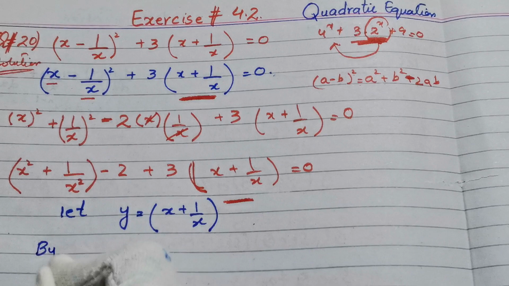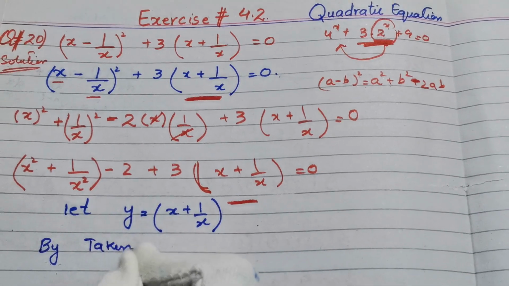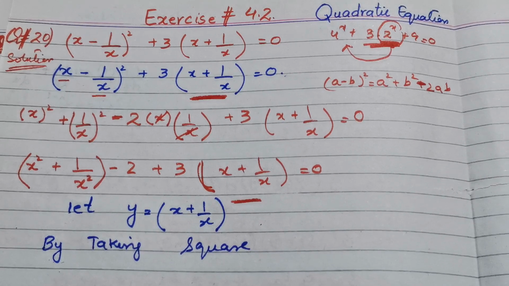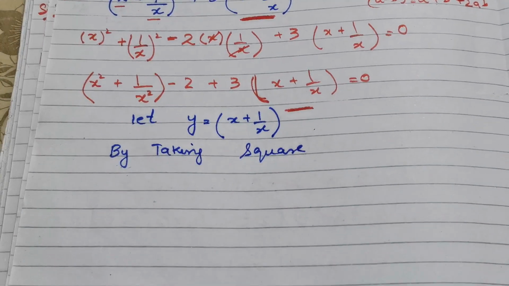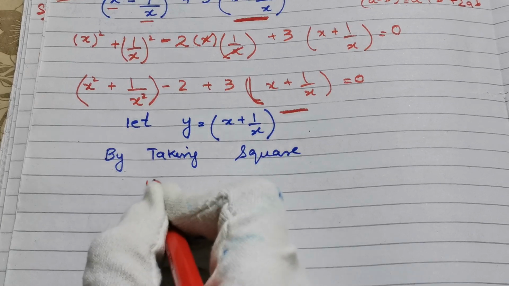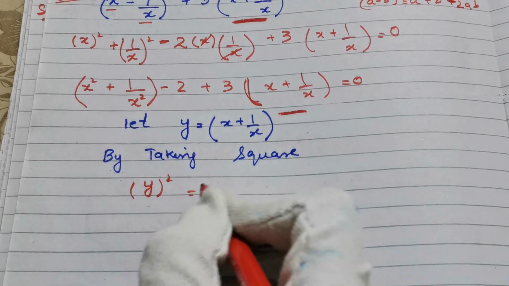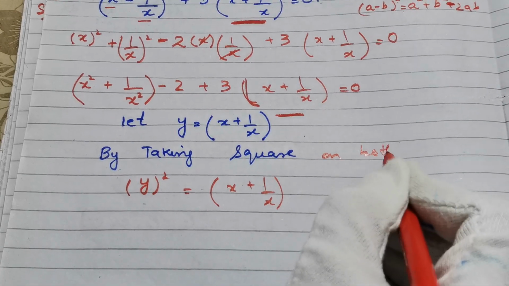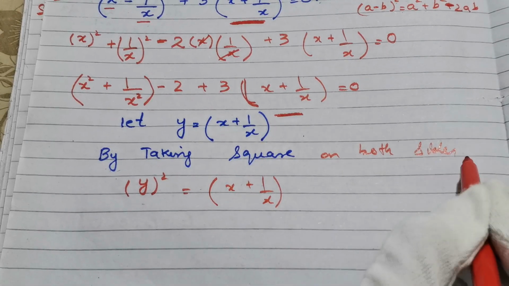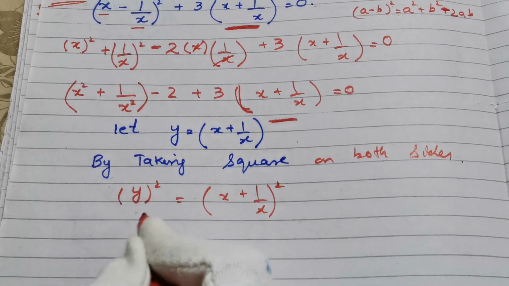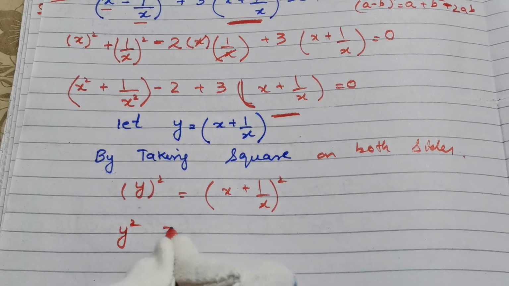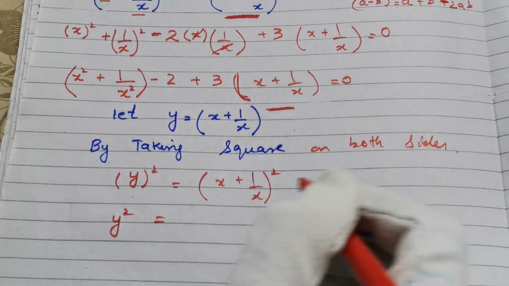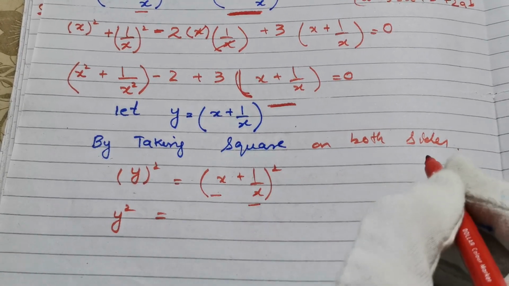By taking square on both sides, y square is equal to (x plus 1 by x) whole square. Here we use a plus b whole square.